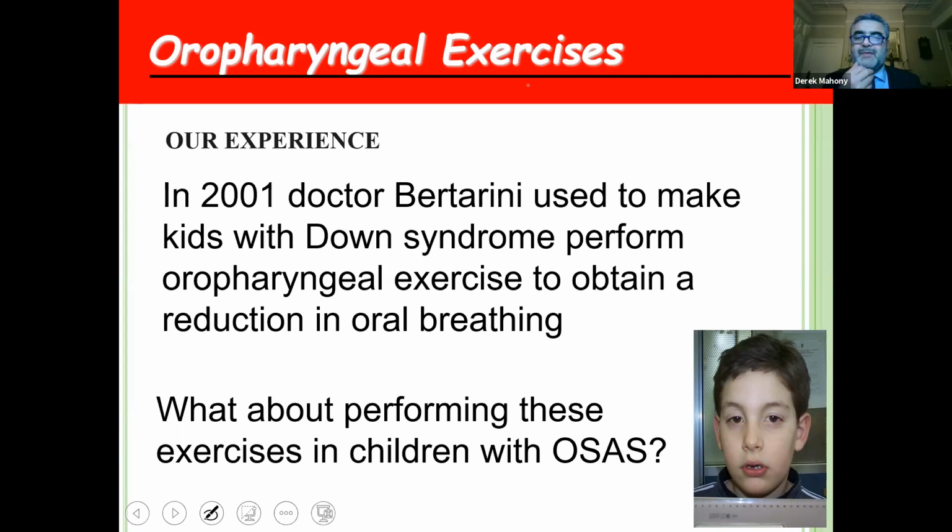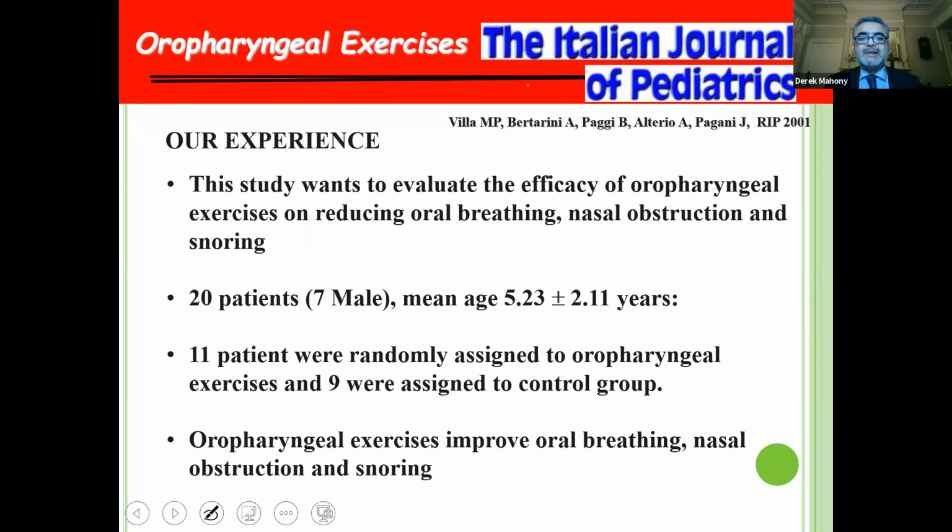In Italy, a very famous doctor, Dr. Bertarini, he helped lots of kids who had Down syndrome, because those kids are always mouth breathing, right? To obtain a reduction in their mouth breathing by doing these oropharyngeal exercises. And, we know that those exercises help improve oral breathing versus nasal breathing.